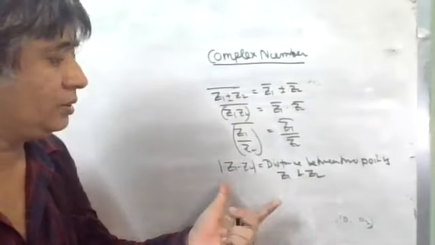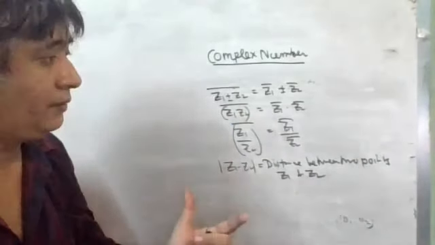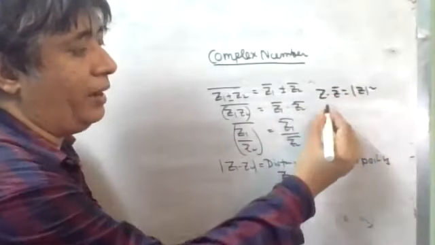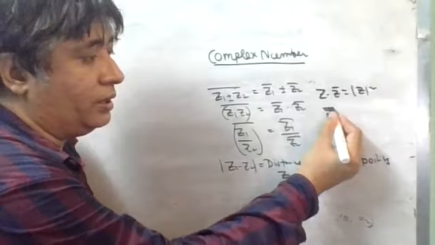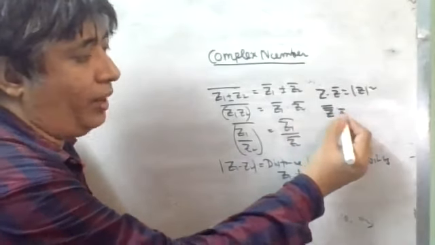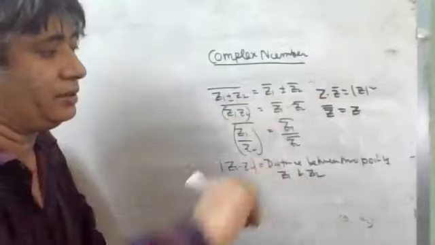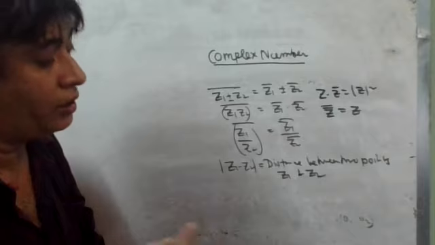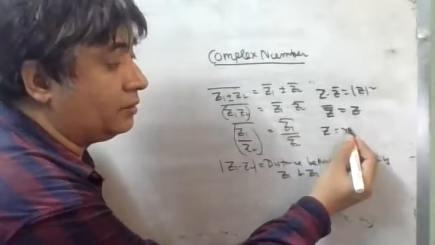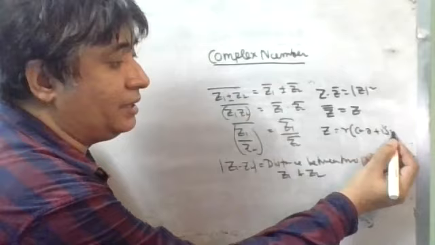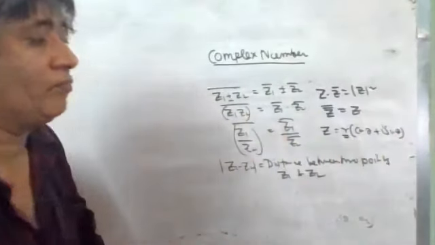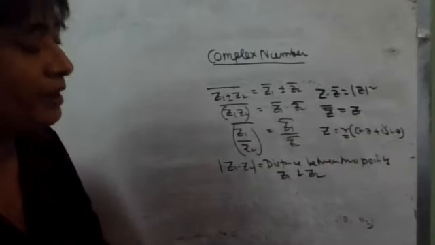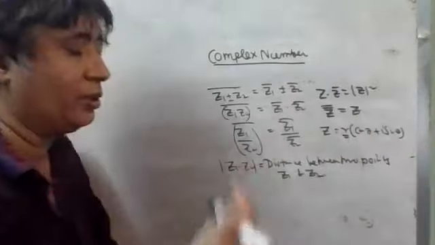And last day we got Z into Z bar is mod Z whole square. We got that Z bar taken twice will again give you Z, and we got the polar form of a complex number, r (cos theta plus i sin theta), where r is mod Z and theta is the argument of Z. It is the polar form we were taught.